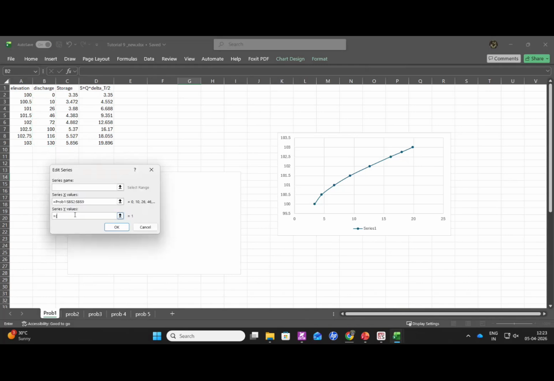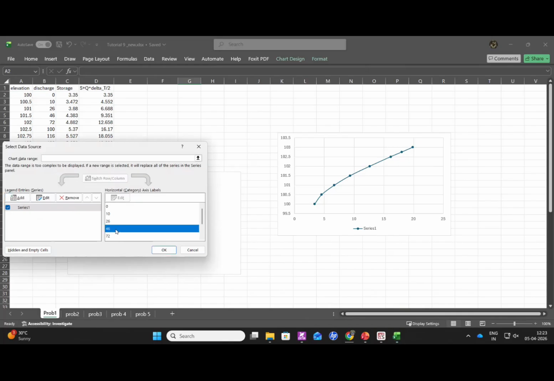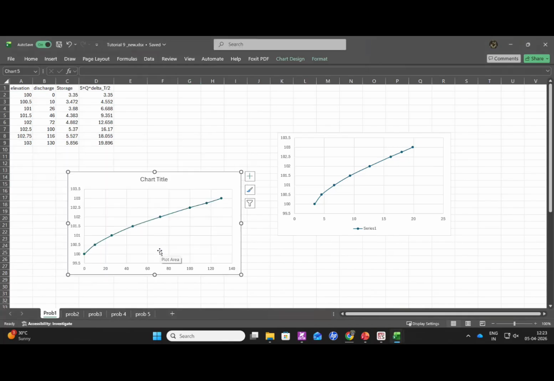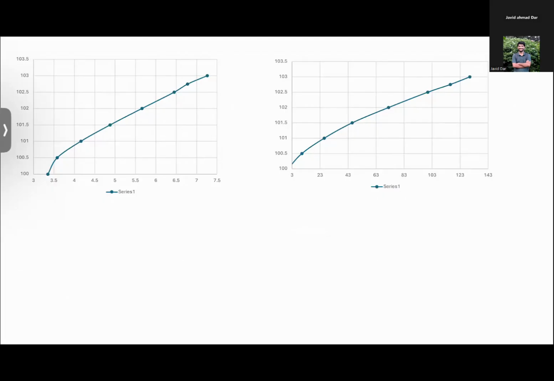And on the y-axis, we'll plot the elevation. So this is your q versus h plot, and this is your s plus q delta t divided by 2 versus h plot. Now we can start with the computation. So these two plots I have kept here.